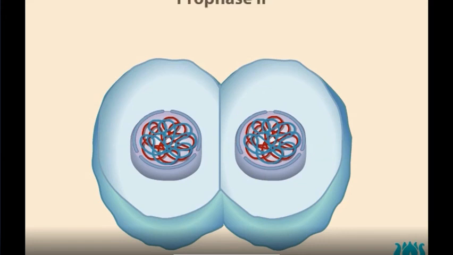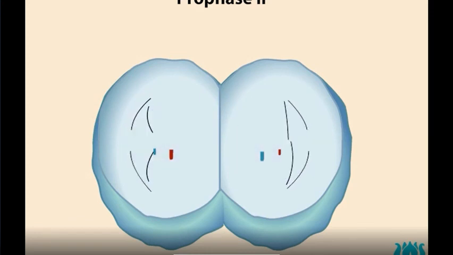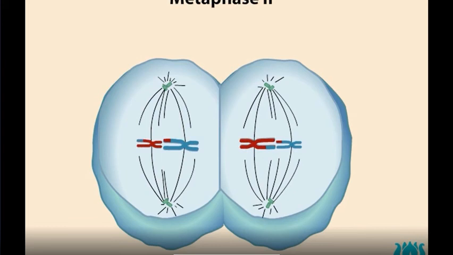During the second half of meiosis, in prophase 2, the chromatin again condenses into discrete chromosomes. There are now only a haploid number of chromosomes per cell. Each chromosome consists of 2 chromatids joined together by a centromere. At metaphase 2, the chromosomes have lined up on the equatorial plate.